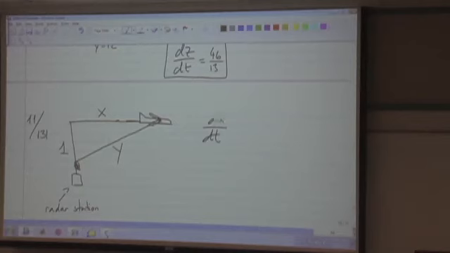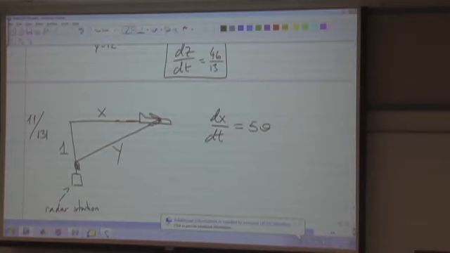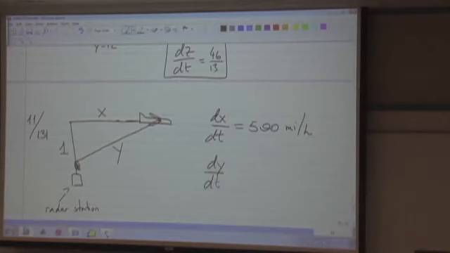So, let's do this. That's fine. So what is dx over dt? 500 miles per hour. Does that make sense? What is dy over dt? That's what we're trying to find out, right?